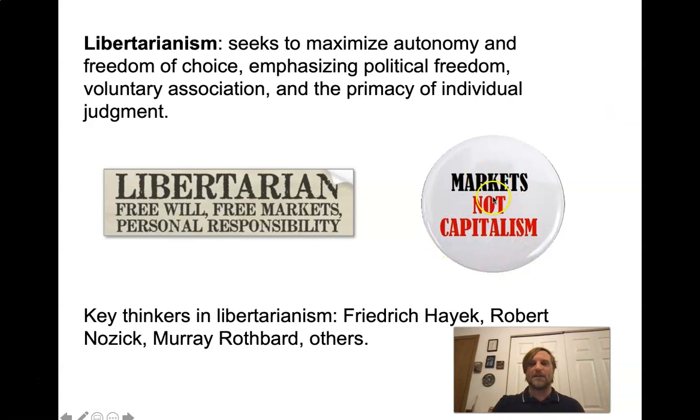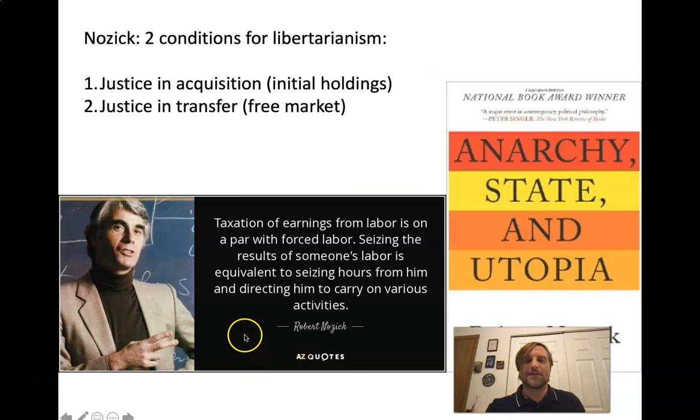Sometimes people argue that it's all about markets, not necessarily capitalism. But the main idea is centered around liberty, individualism, and so on. Some of the key thinkers in this area: Friedrich Hayek, Robert Nozick, who I'll talk about, Murray Rothbard, and others.